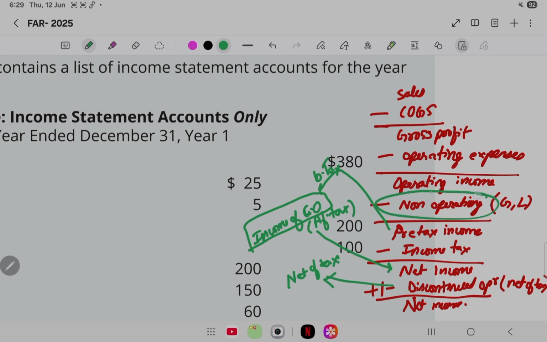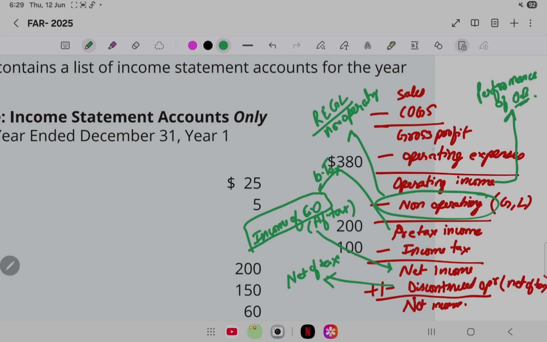Here comes the non-operating part, items like write-offs, write-downs. This shows the performance of the operating business, like the core business, whether it is sustainable or not.